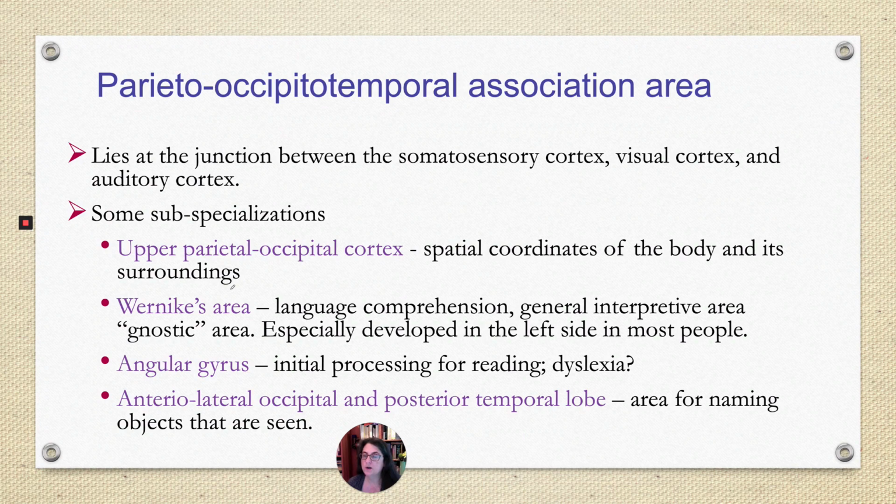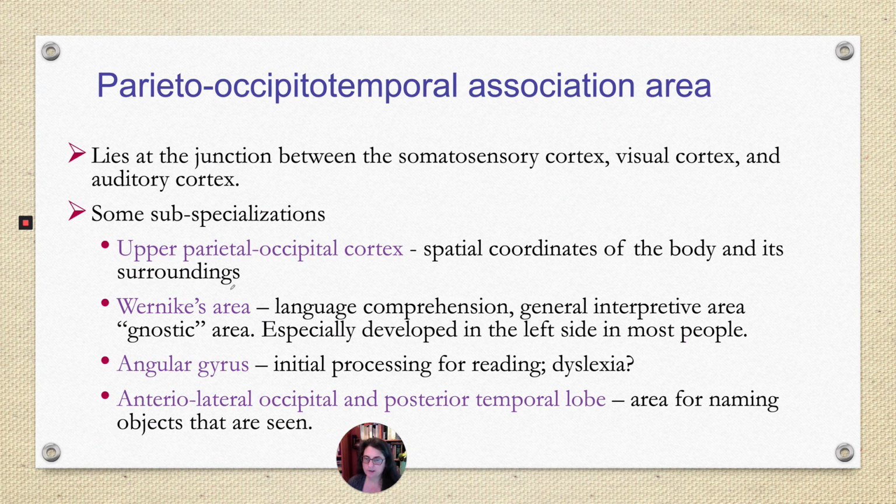You understand what language means, what words mean, not only to understand it when it's spoken to you, but also to formulate a speech that you want to say. And it is especially developed on the left side in most people. The right side doesn't seem to have much of a Wernicke's area, if at all, so that only the left brain is verbal and understands language.